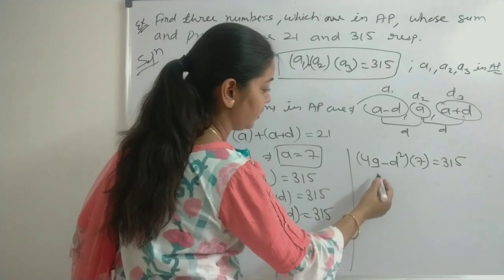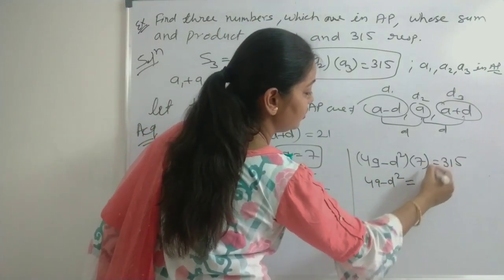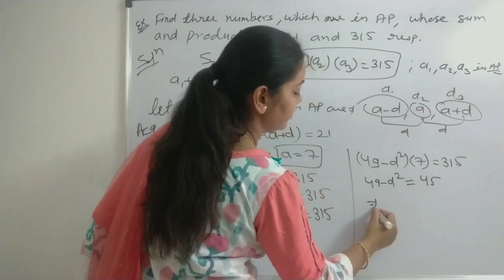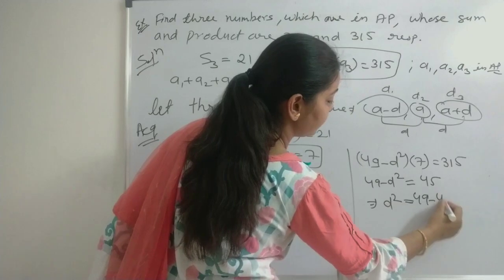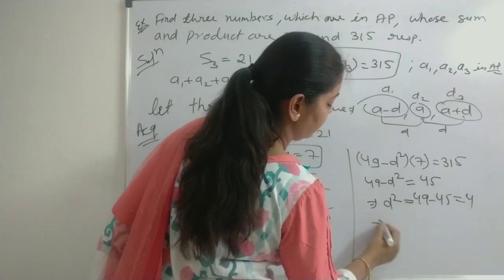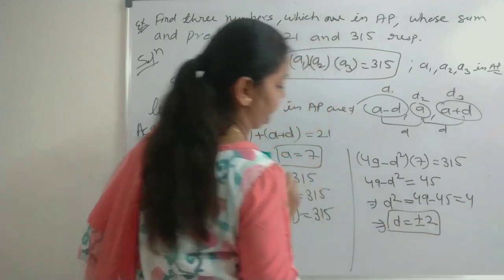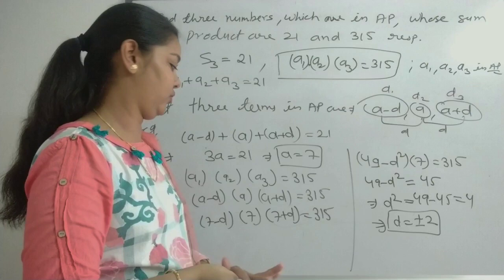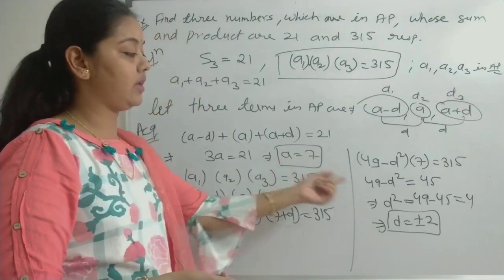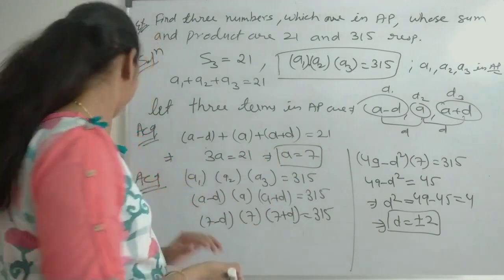Now, 49 minus D square equals 45. It means D square will be equal to 49 minus 45, that is 4. D is equal to plus minus 2. D could be positive 2 or D could be negative 2. First take A equal to 7 and positive 2. A is 7 and D is equal to positive 2.